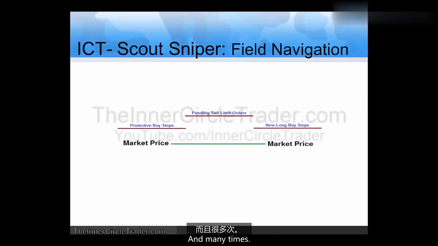And it's many times simply above that, just a little bit more, there's going to be pending sell limit orders for those that have possibly been long. Okay, in other words, we have net long traders in the market and we have net short traders in the market. The net traders on the short side want to protect their position, so they're going to have their protective buy stops somewhere above the market price. And again, the premise is this market price is now trading at a key level.